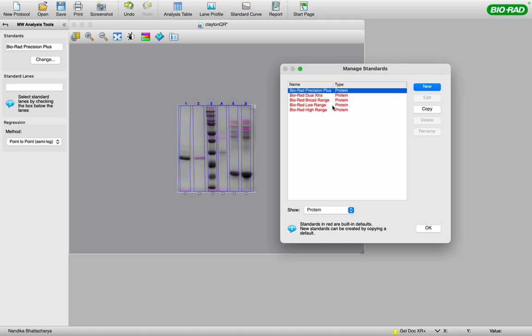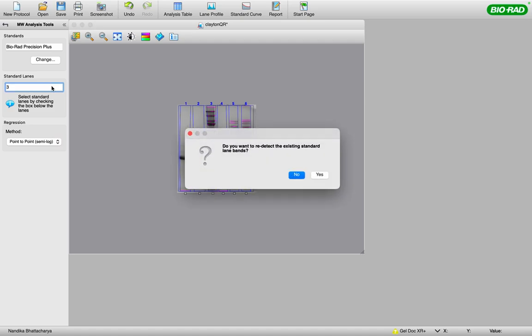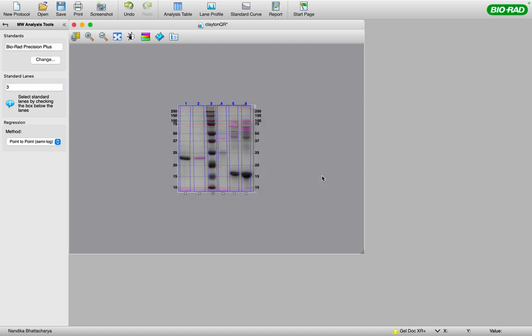So depending on which standard you've used, you have to set that as a reference. Standard lane is 3. Now you can see it has added the molecular weight for each band within this standard. So now it has become much easier for us to see that this band is between 20 and 15 kilodaltons, right?